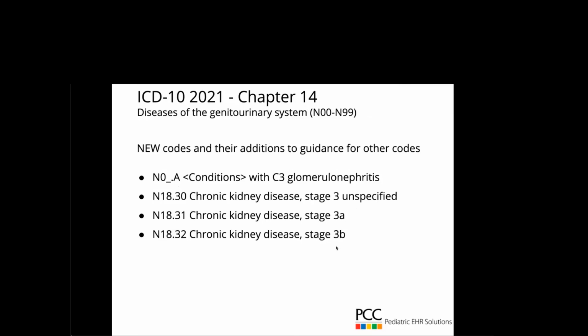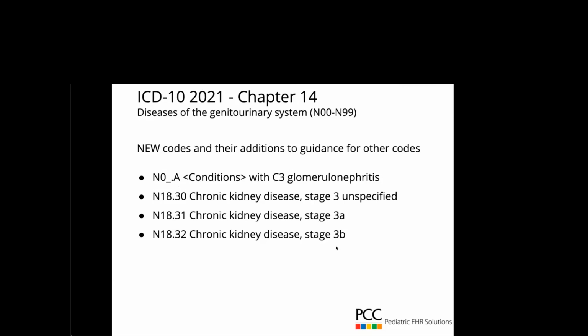Diseases of the genitourinary system. So these are new codes, and these codes also have been made available in guidance for other codes. So there is a whole host of additions, a whole host of conditions. That first bullet point is my way of representing the code series of N0 blank.